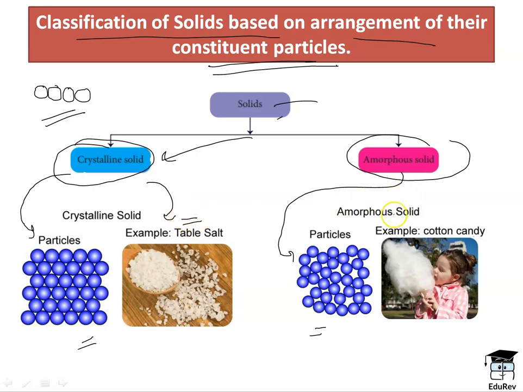The example of an amorphous solid is cotton candy. Another important example of a crystalline solid is diamond, and another important example of an amorphous solid is glass. So let's see the properties of crystalline and amorphous solids.